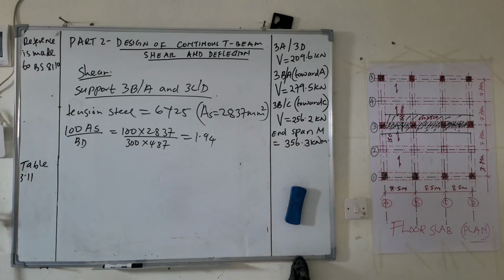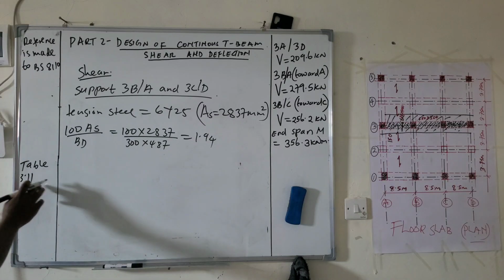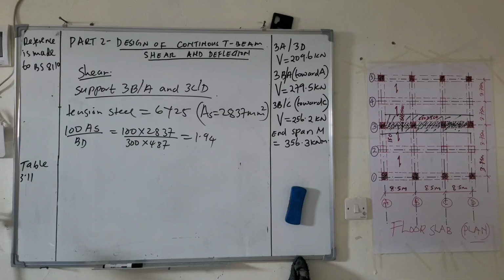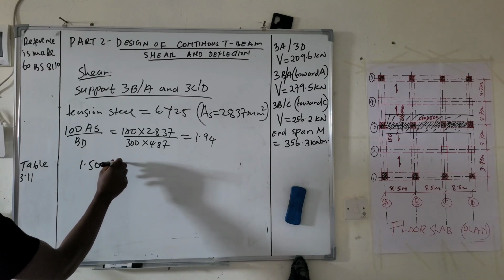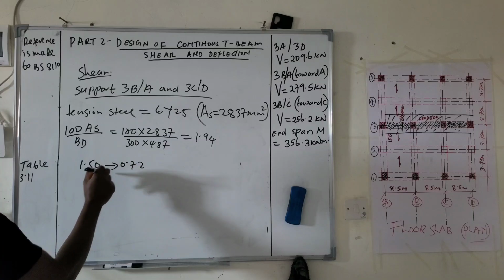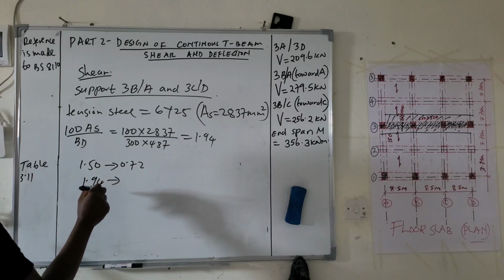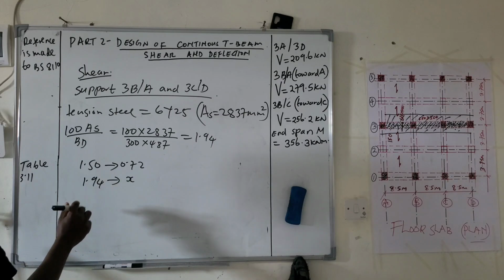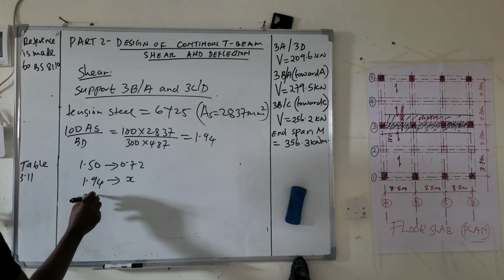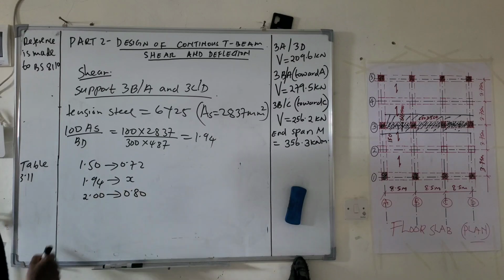So in this table, I think at this juncture, you know how to read this table and do the interpolation. So we have 1.50 corresponding to 0.72, and then 1.94 corresponding to, we don't know the value, we call it x, and then 2.00 corresponding to 0.80.